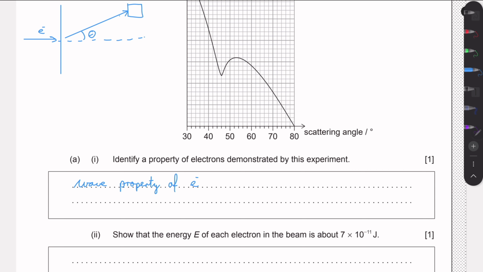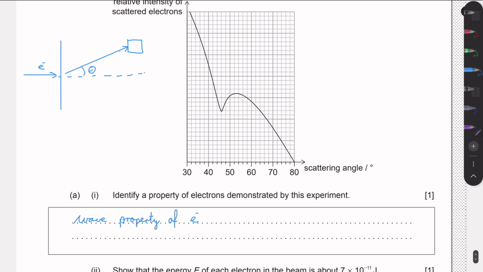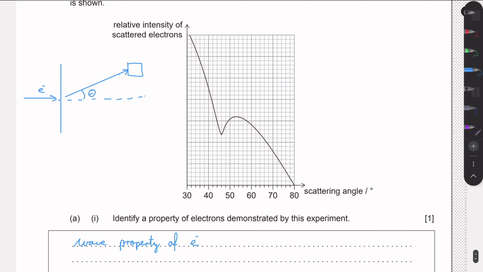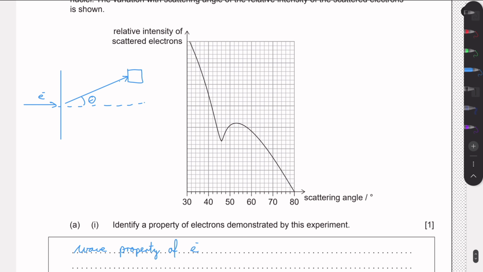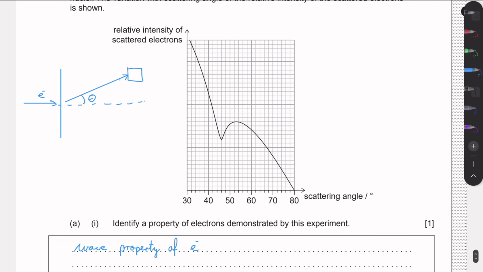Because if there would be no diffraction, the only reason electrons would scatter a little bit is because of the Coulomb force, so the electric repulsion between the electrons and the outer electrons of the oxygen nuclei. That is why this graph looks a little bit different. But if there would be no diffraction, we would only observe that pattern. It would probably look something like this.